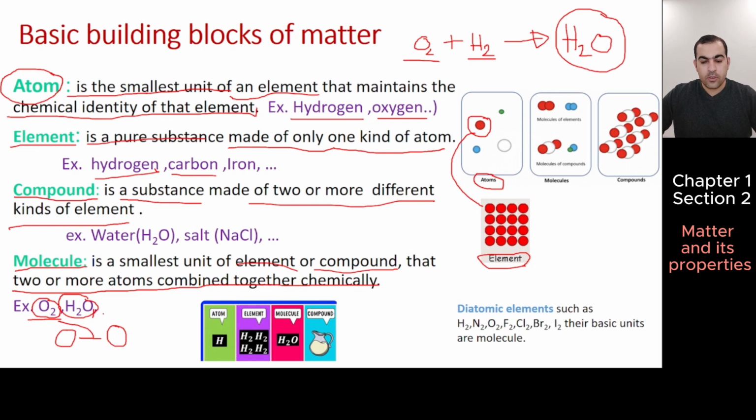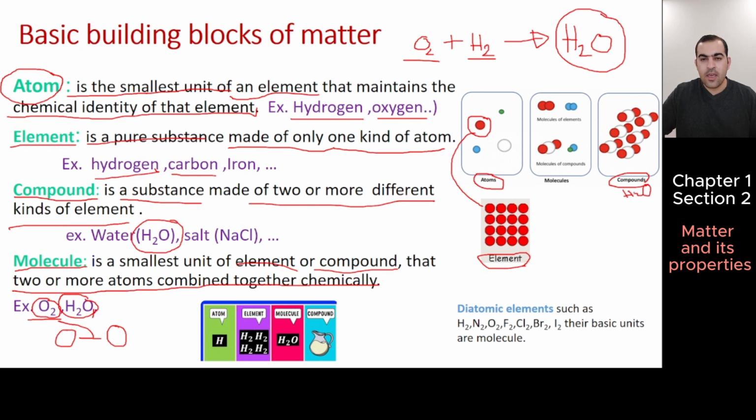So what's the difference between a molecule and a compound? You say, teacher, here we have H2O and H2O here. Compound is a pure substance like a glass of water. We can see it by our naked eye. Look at this picture. Imagine this is H2O compound.